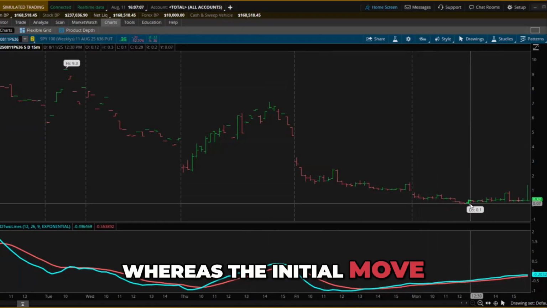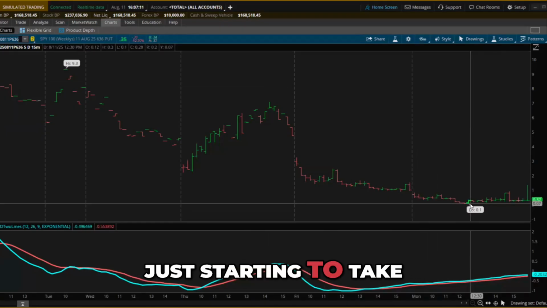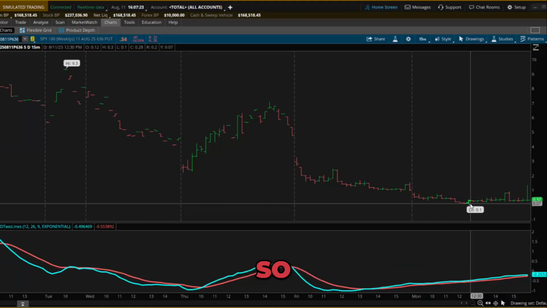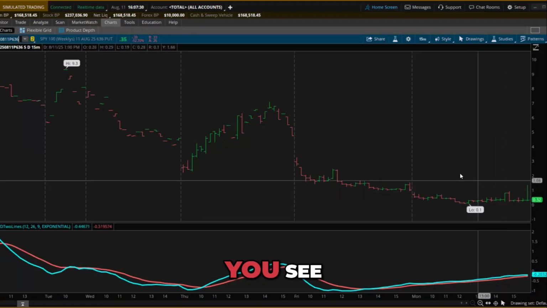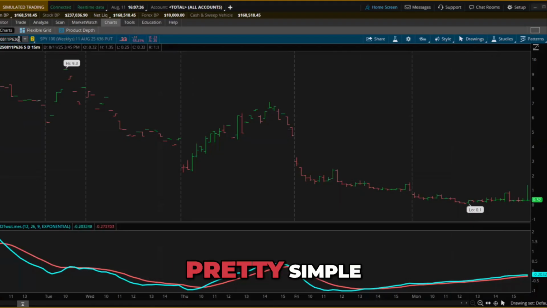Whereas the initial move, you don't have to be as careful, because that's when it's just starting to take hold, and it's got to take hold some kind of way and grab whatever's going to be going along for that ride. So these put options went along for the ride for the 2.5 hours, and then they backed off. You see, it's not a difficult thing to understand. It's actually pretty simple.